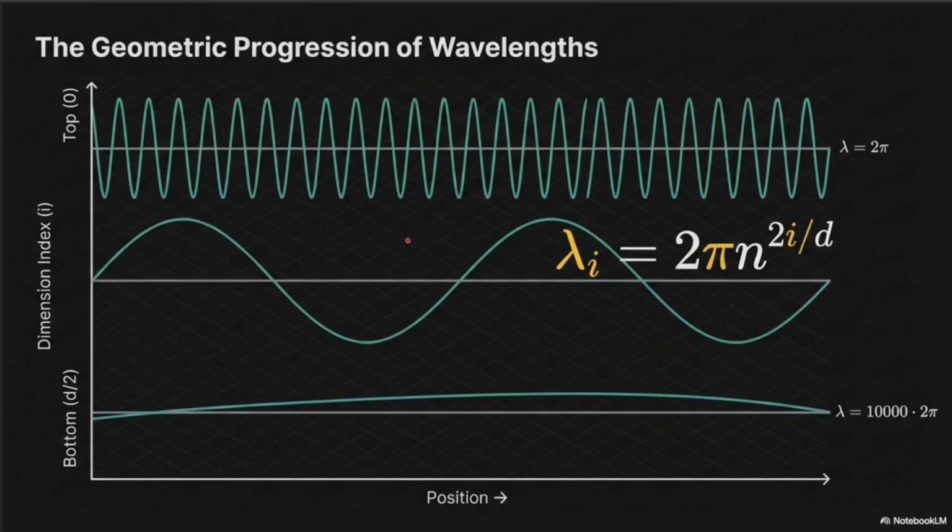The wavelength becomes huge as i gets larger and larger. This creates a geometric progression of wavelengths from 2 pi to 10,000 multiplied by 2 pi. This range ensures that every single dimension oscillates at a different speed, creating a unique combination for every position.